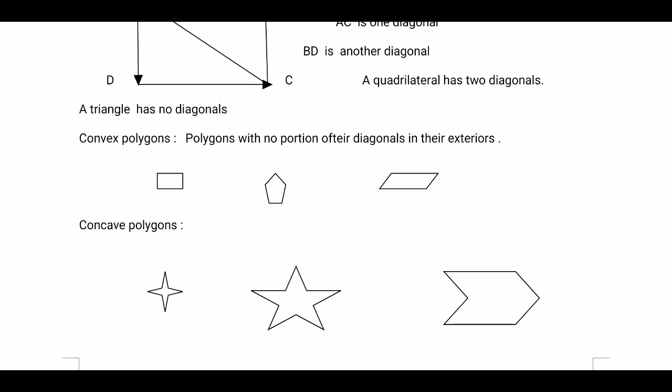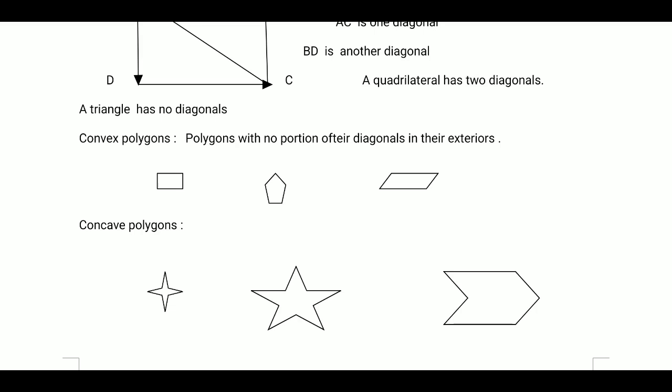Now some definitions about convex polygon. A polygon with no portion of its diagonals in its interior outside it, means if we draw the diagonal of a polygon, no portion of it may be outside of the polygon.